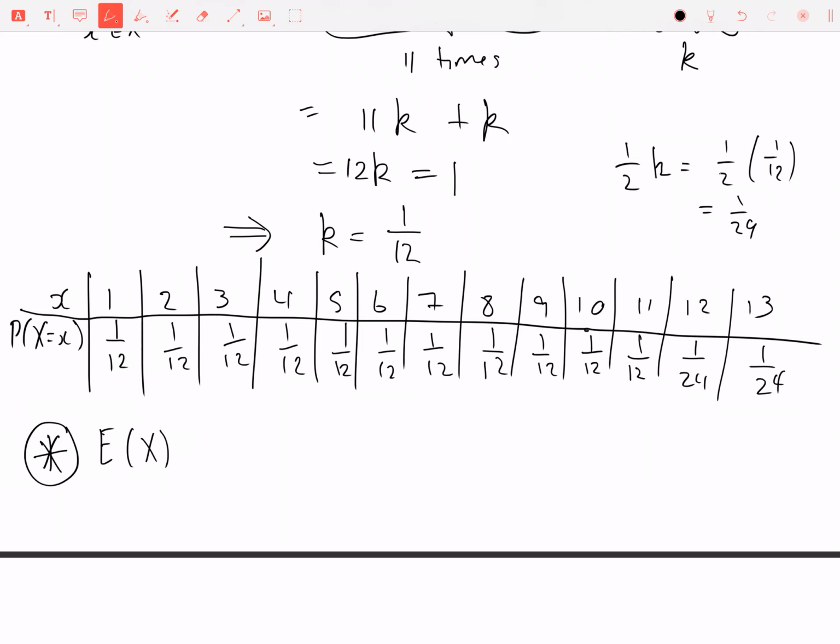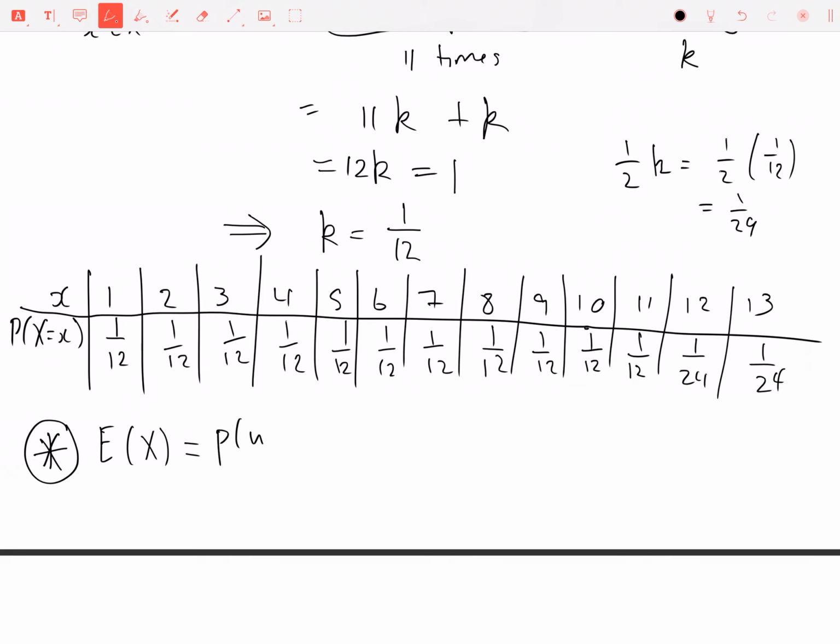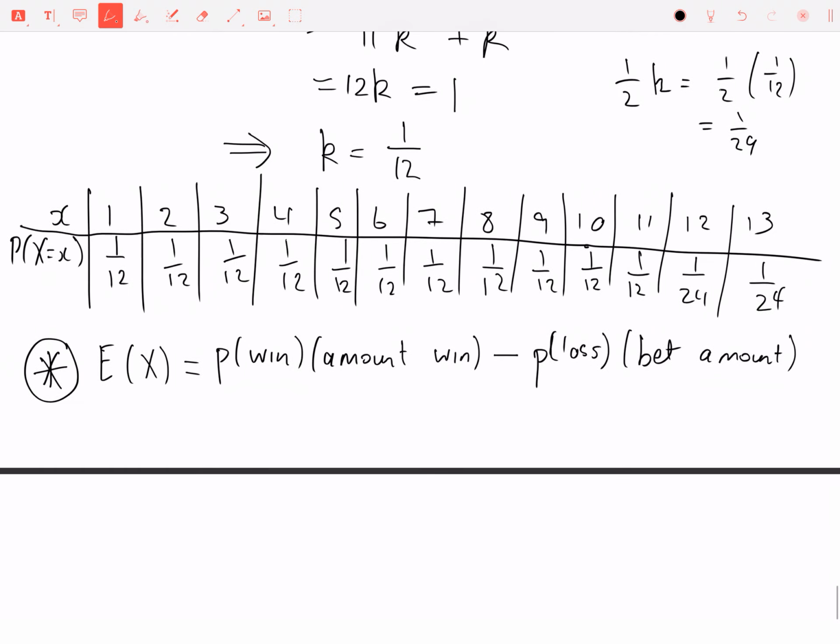The expected value of winning a game when you bet is the probability of winning that game times the amount that you win, minus the probability that you lose the game times the bet amount, how much you bet on that certain game. And this expected value formula is sort of an average of what you would expect over time as you keep playing more and more games over a period of time.